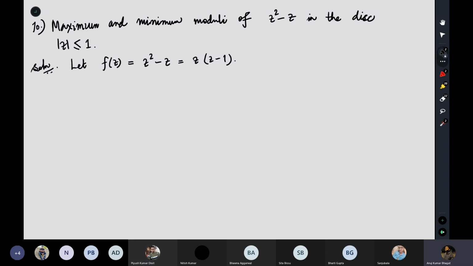Right. So first, let's apply all the conditions for the maximum modulus principle to be true.